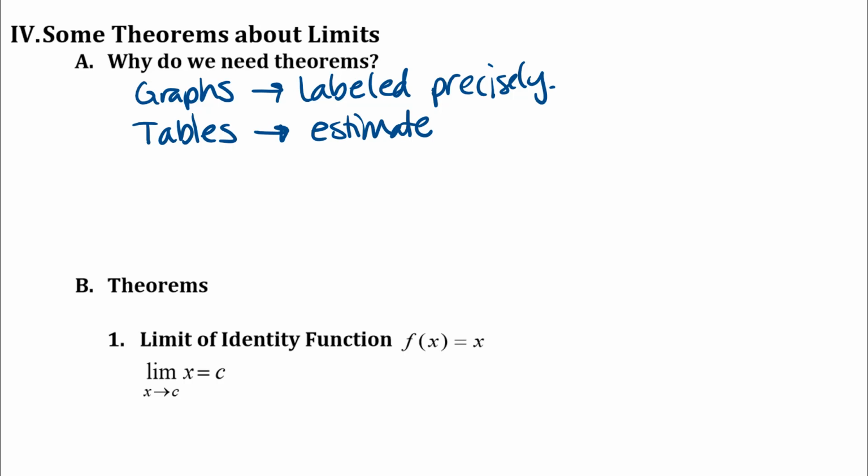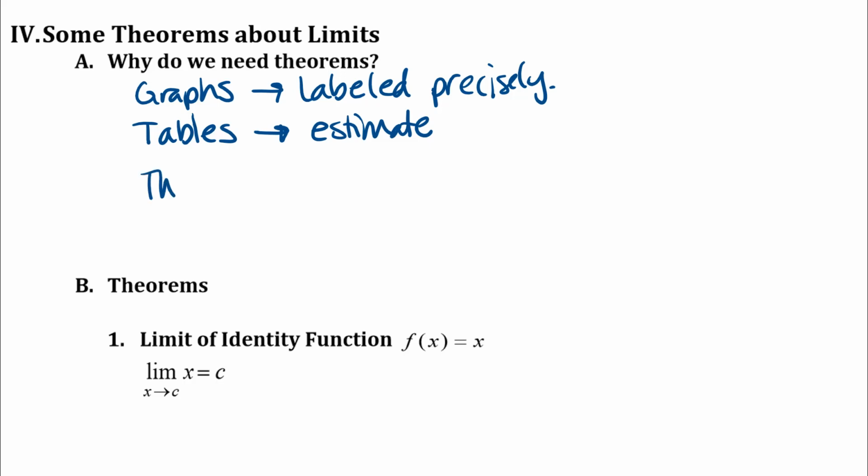If you have a limit that is difficult to estimate precisely from a graphing calculator, a graphing app or a table, something where the answer is like pi over 7 or natural log of 2, then you need something else. You're not going to be able to get that precisely from a table or a graph.